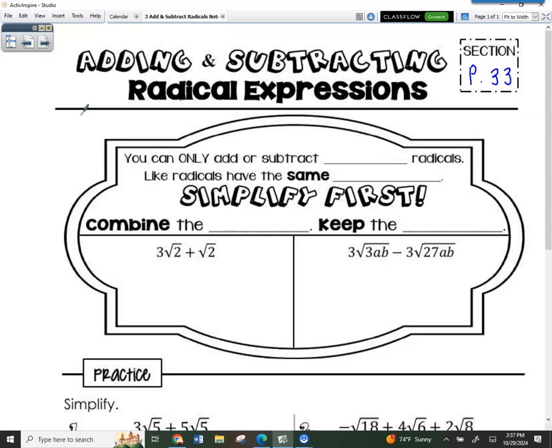You had a quiz on Friday, which means you have a test this Friday. The stuff that was on that quiz will be on the test, but it will not be as difficult. I'm not going to put the ones like x cubed y, and then x to the 5th y to the 7th.